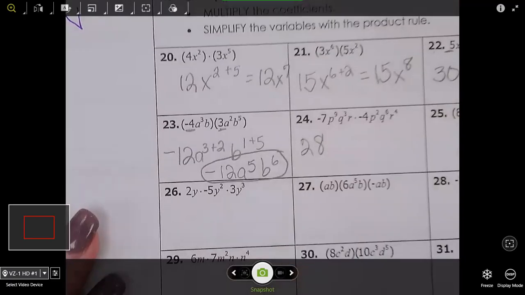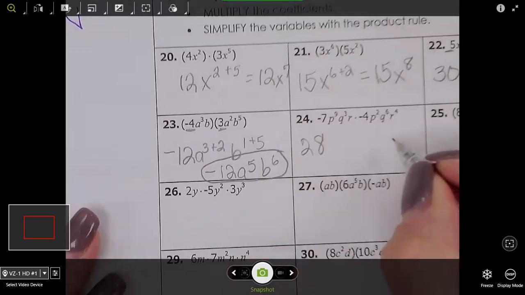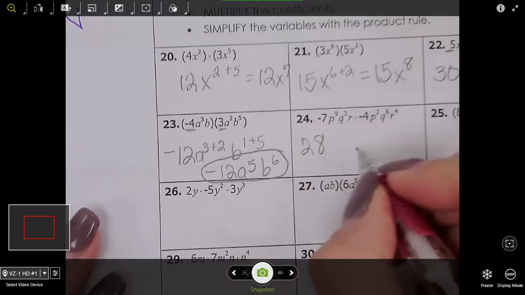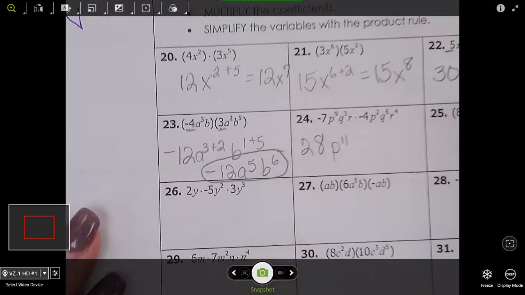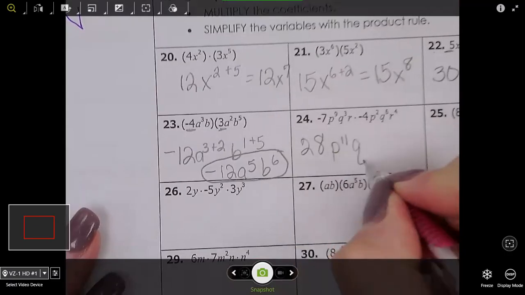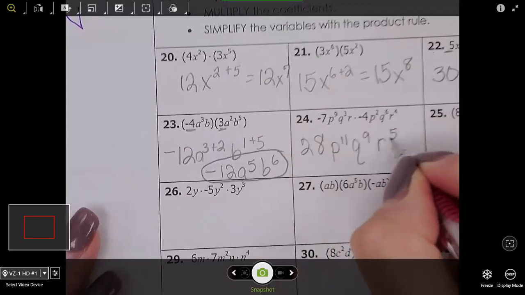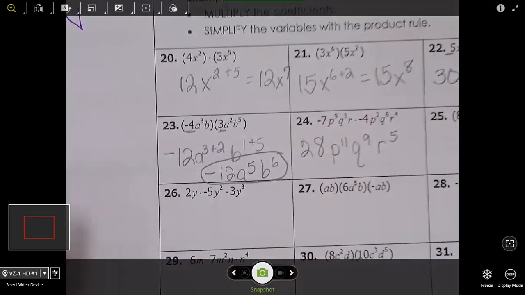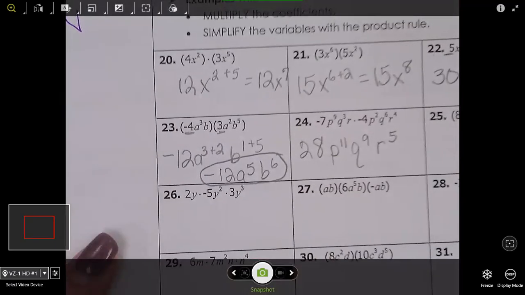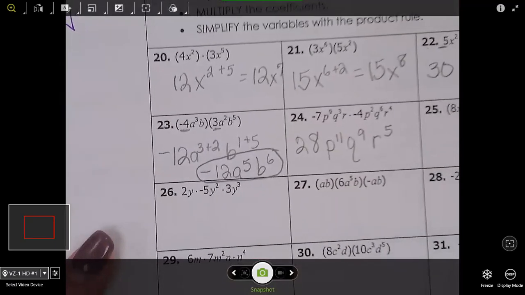P to the what? 11? Oh, yes. Keep going. R to the 5th. Did you get that? That's super awesome.